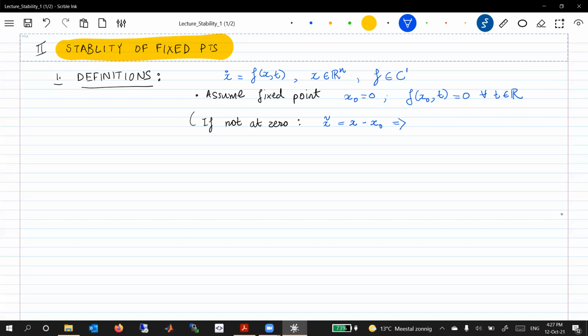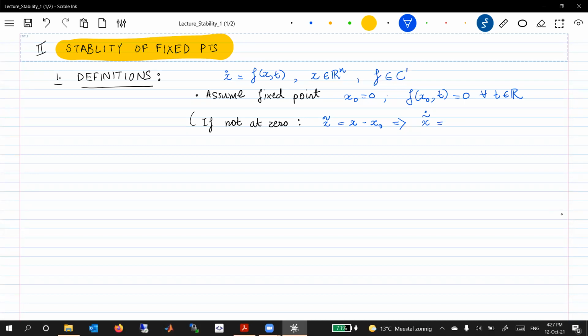Then if I want to write the differential equation in terms of x tilde, I differentiate x tilde and get x dot minus the derivative of x naught, which is a constant if it's a fixed point. So that drops out, and I simply get x tilde dot.